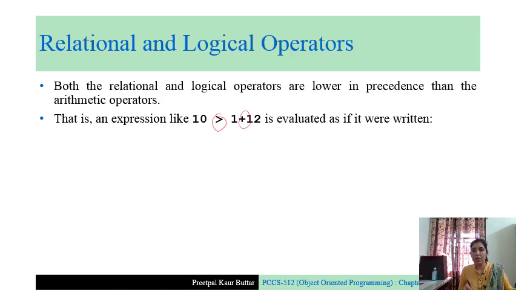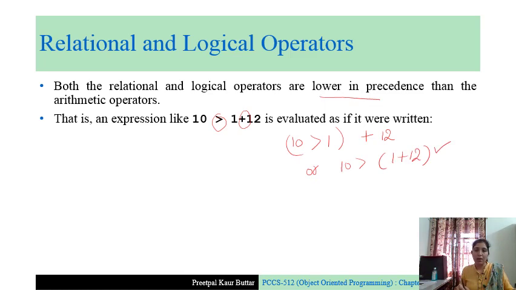Okay, so which one of them will be evaluated first? Whether it will be 10 greater than 1, plus 12, or it will be 10 greater than 1 plus 12. As written here, the arithmetic operators have higher precedence, so this expression is valid.